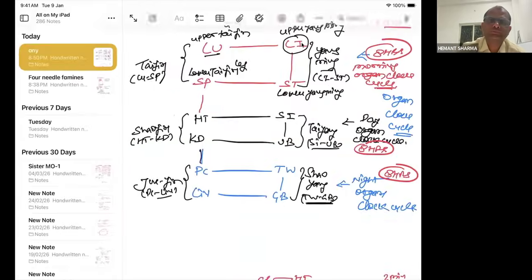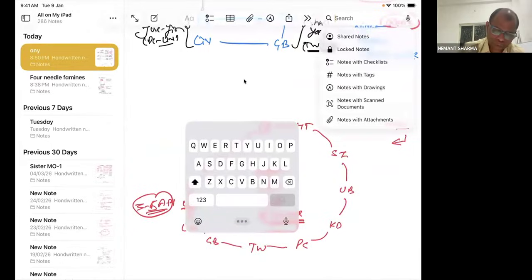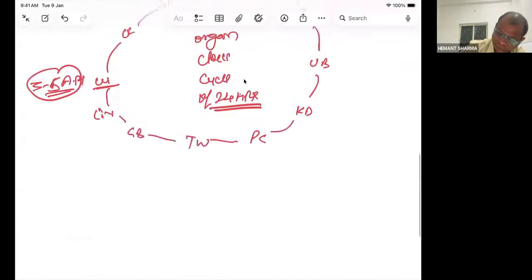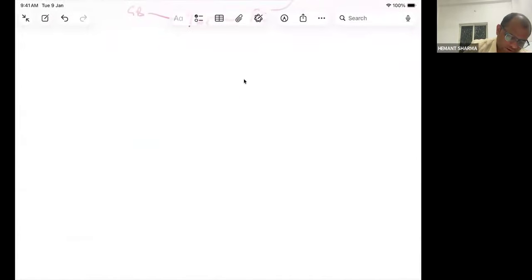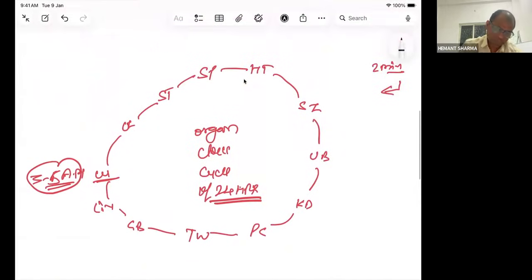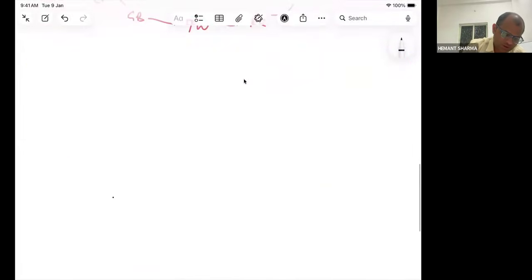Okay. So next, we can also write in this way. Like in the organ clock cycle, we have written here, right? What we have written: Tai Yin, lung and spleen.